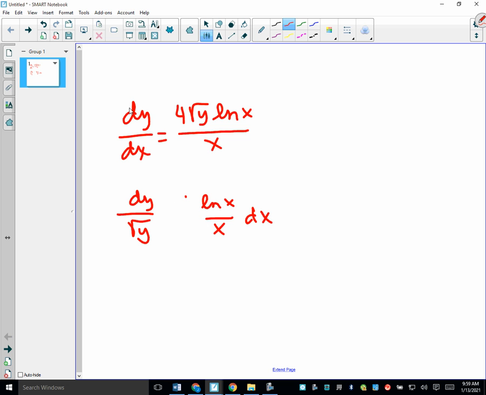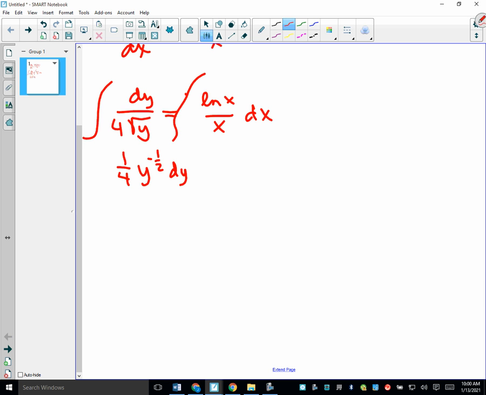So this, it's number 2, right? All right, antiderivative is what I have to do, right? Isn't this 1/4 y to the negative 1/2 dy?